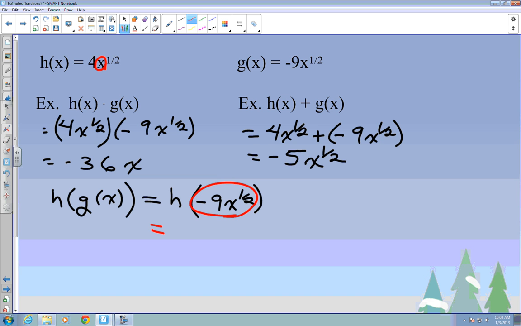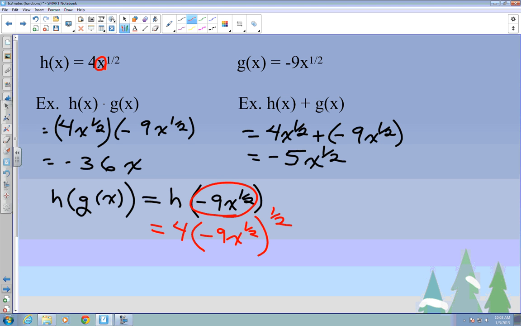So I get 4, and then instead of an x, I'm going to write everything inside here. Minus 9x to the 1/2, and that's all raised to the 1/2. So now we just have to simplify it.